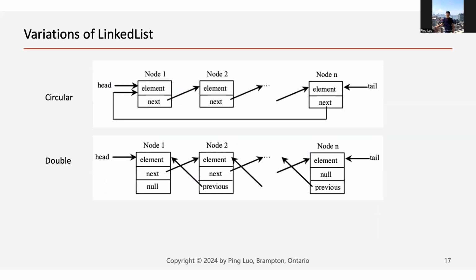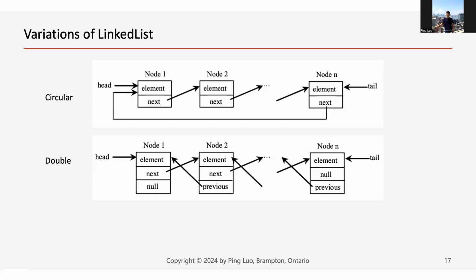There are many linked list questions on LeetCode. If you want to practice, you can definitely do those questions. Actually, two variations are very commonly used to solve those questions: one is the circular list and one is the doubly linked list.